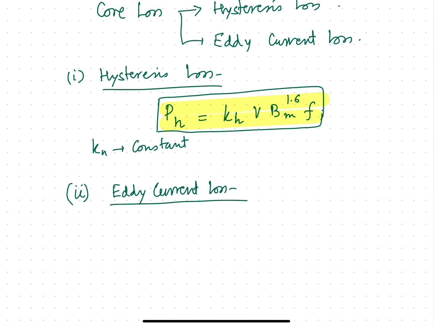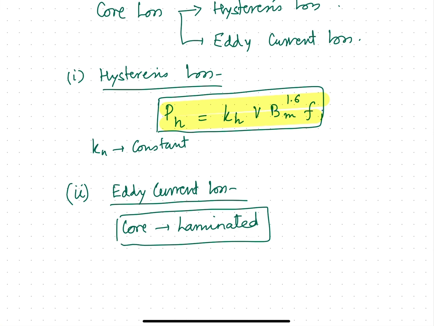You know this concept of eddy current; it is not new to you, and you also know that to reduce this eddy current loss, the core is laminated. It is laminated into thin sheets, right?